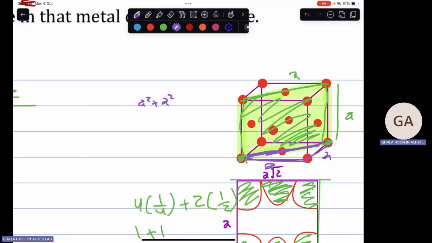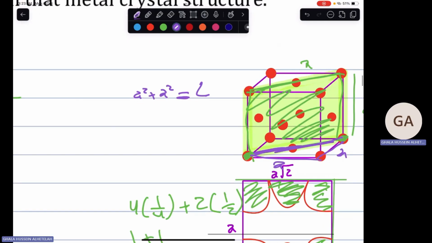So a squared plus a squared is equal to 2a squared, which is equal to, let's name it, L squared.